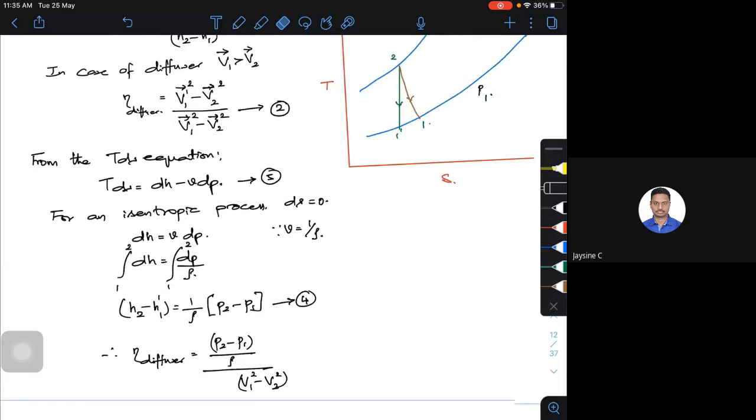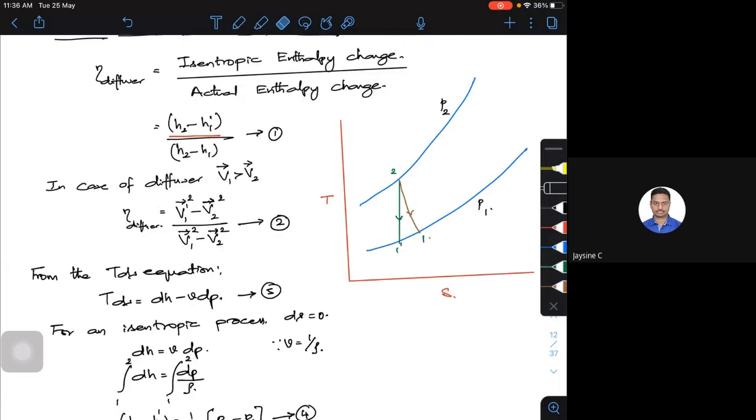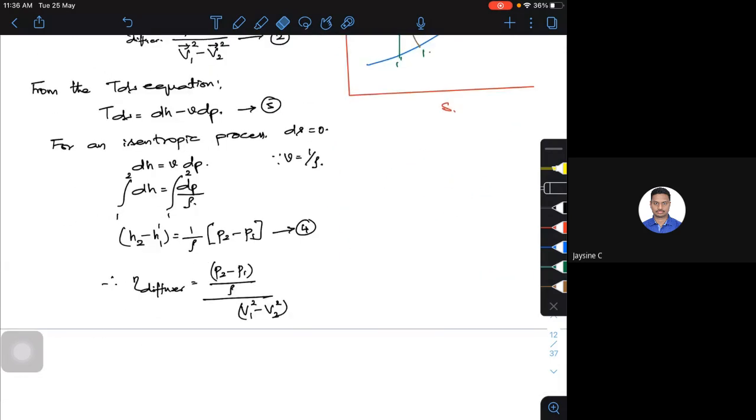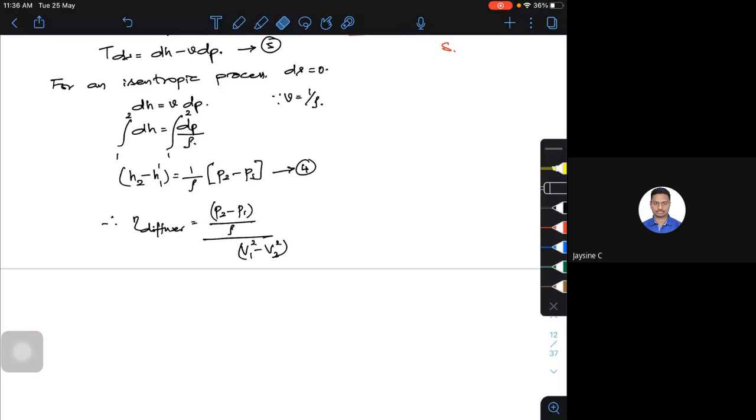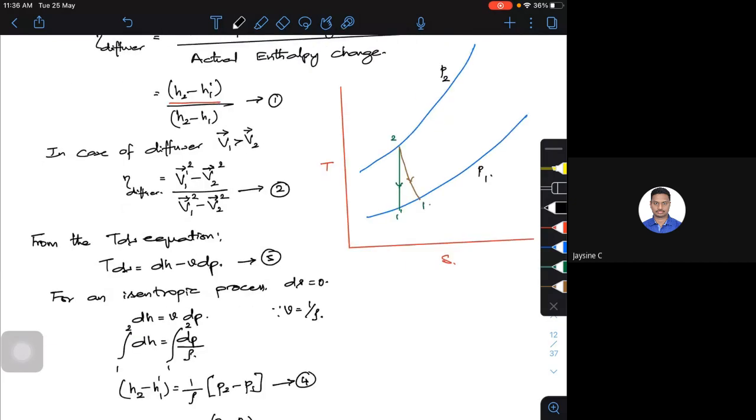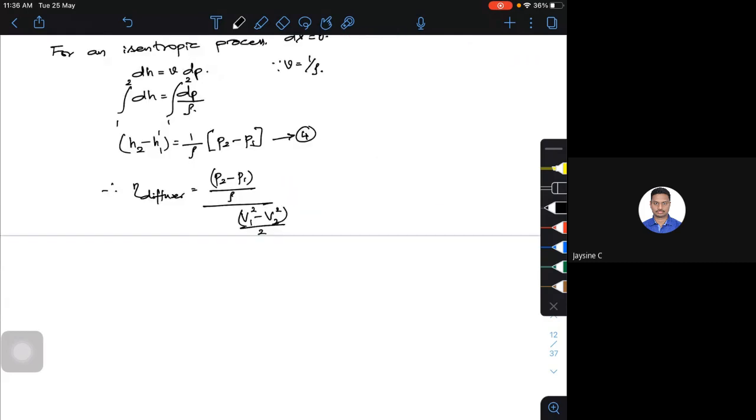Already the 2 is there, because I am substituting for H1 minus H2. V1 dash square minus V2 square by 2 and V1 square minus V2 square by 2 just cancel out. If I simplify this, the denominator goes to the numerator.